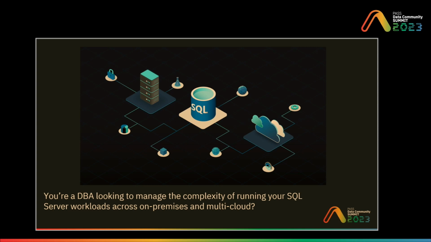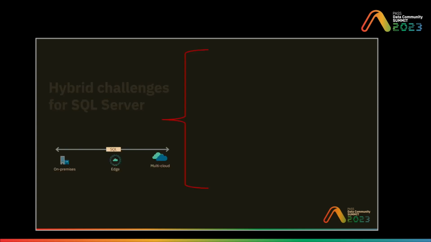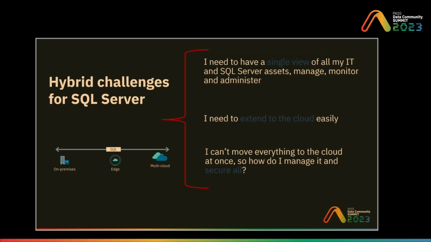And really, there's nothing out there in the market that does something similar to what we deliver with Azure Arc. So for you to manage your complexity for SQL servers across on-premises, across Azure cloud, and then also third-party clouds, that's where the hybrid challenges come in. Now, Azure Arc is a product line and a platform. It gives you the single plane of control to manage both infrastructure and services.